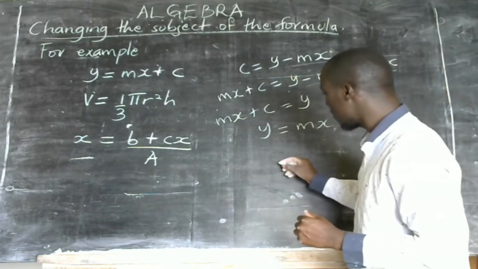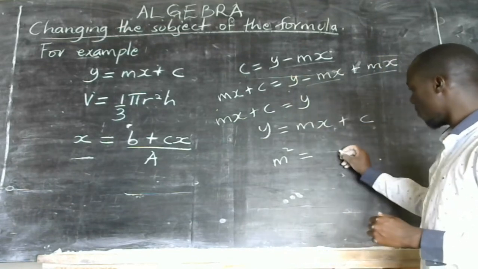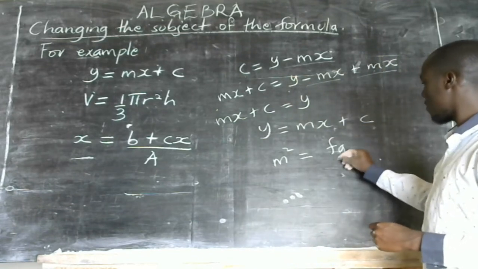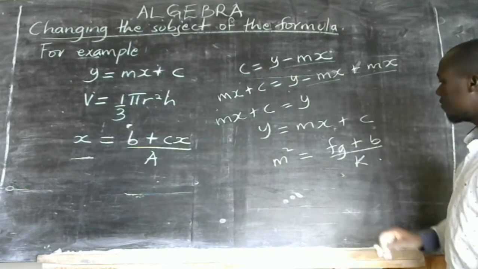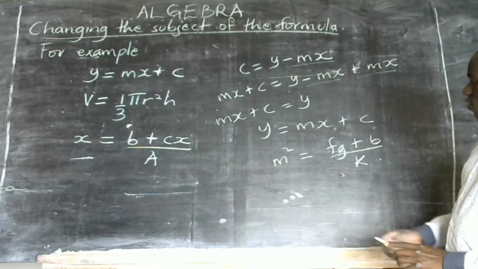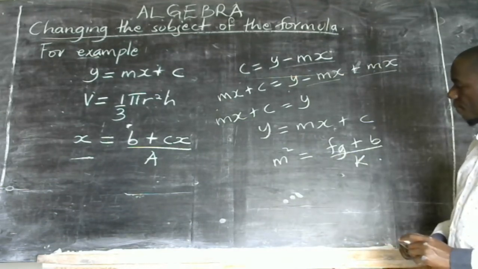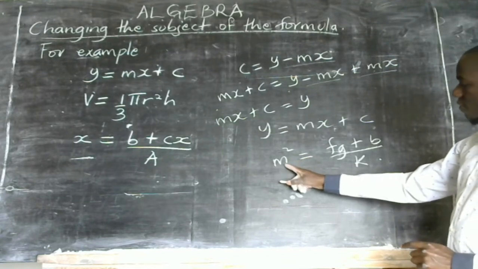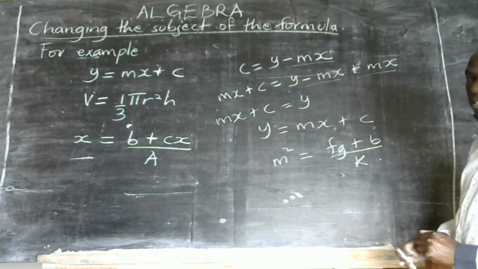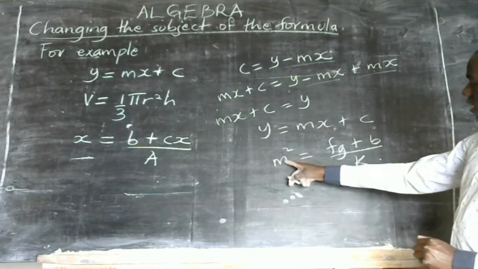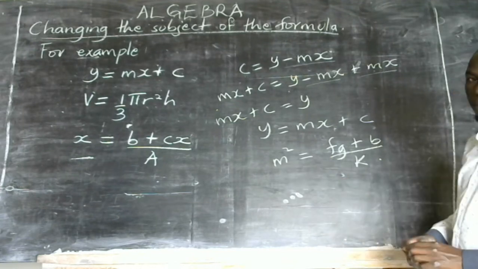You can have m squared is equal to f times e plus b all over k. So to make m the subject, here we are having m squared, but we only want to make m the subject. When you look at the m here, it is still attached to by a square.